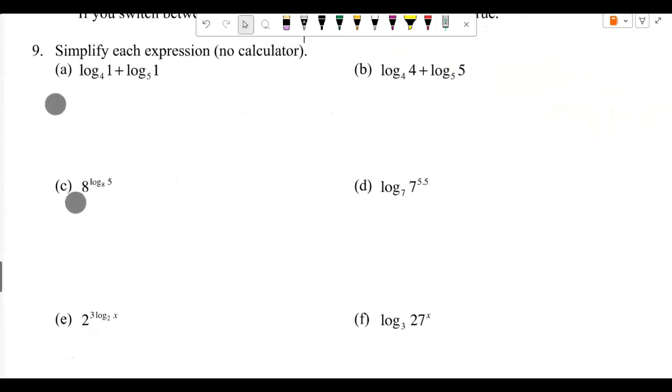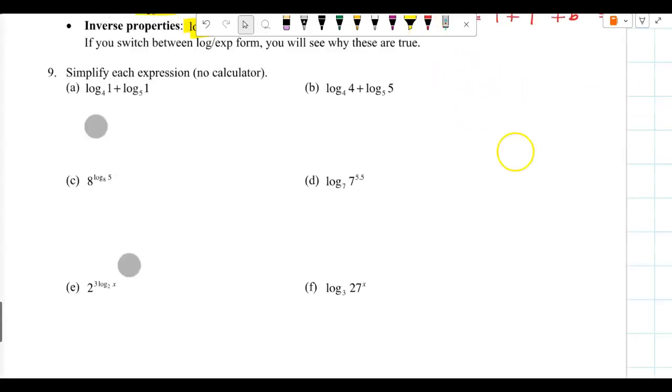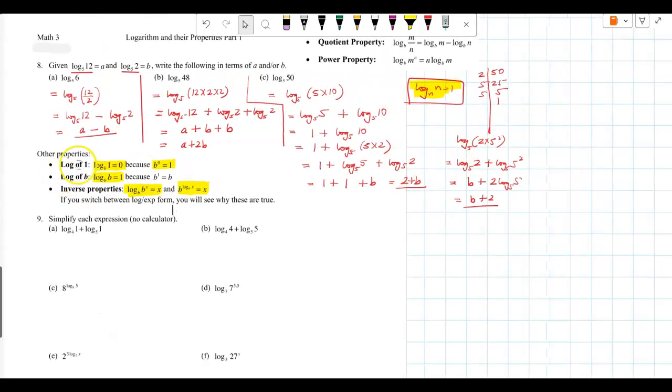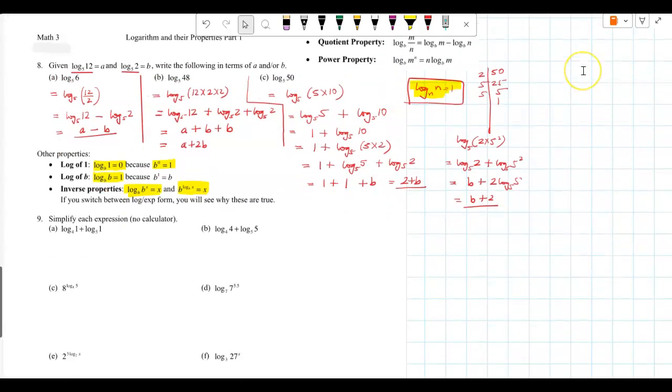Simplify the expressions, no calculator. So what will you do now? In exams, write all these rules together, the power property and the other properties.